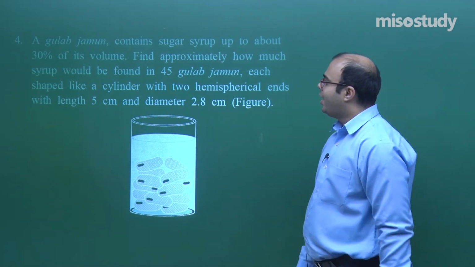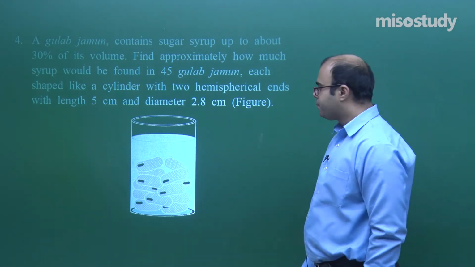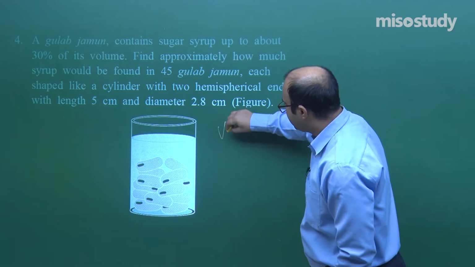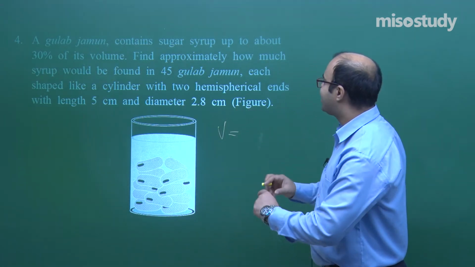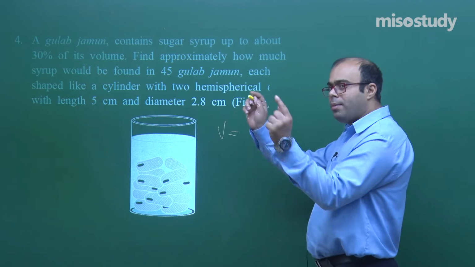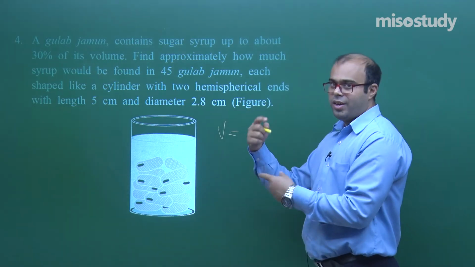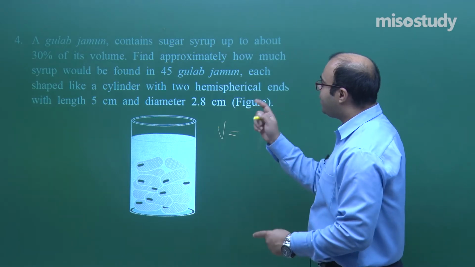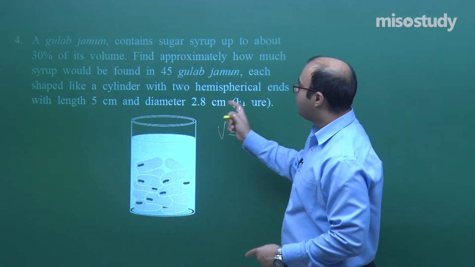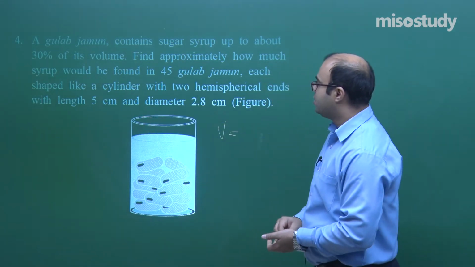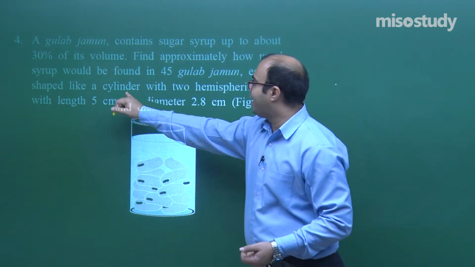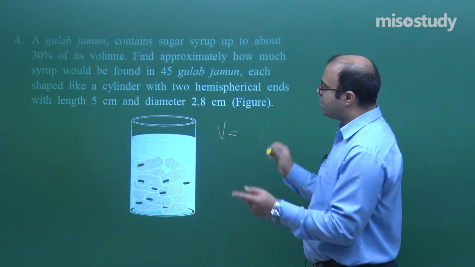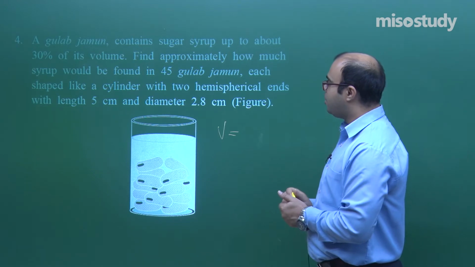So first let us find the volume of 1 gulab jamun. Since it is a shape of a cylinder with 2 hemispherical ends, it is a similar figure as we saw in the case of the capsule. So the cylindrical part has length 5 centimeter. It is said each is shaped like a cylinder with 2 hemispherical ends with length 5 centimeter and diameter 2.8 centimeter.